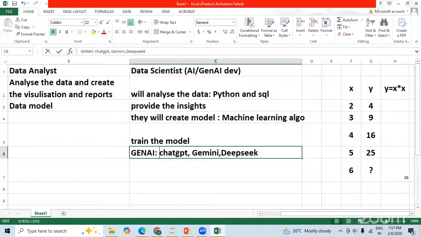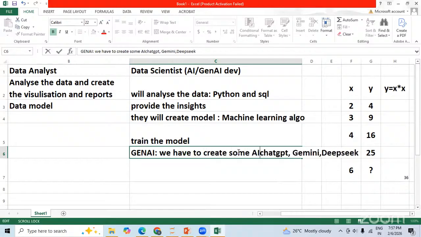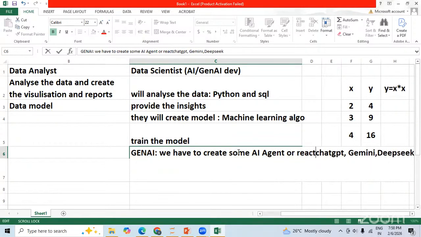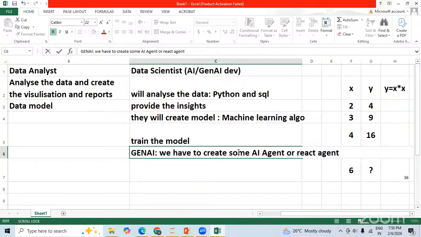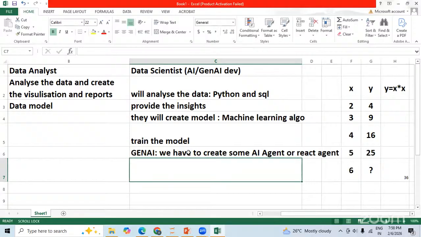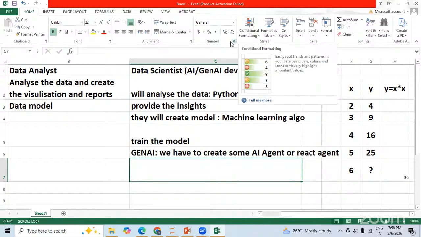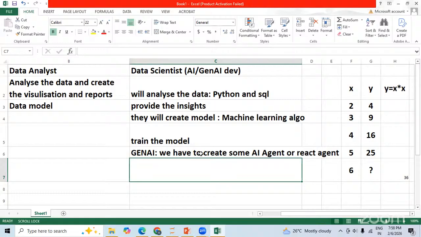Then what is GenAI? We have to create some AI agent or React agent by using an LLM. In this world we have three LLMs. One is ChatGPT, that is with the USA.